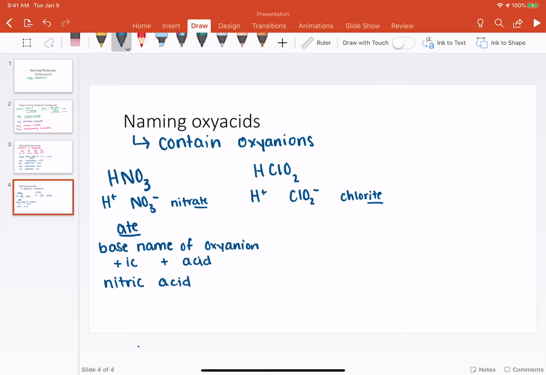So that's the base name of the oxyanion, so that's this part here, and then the IC acid.